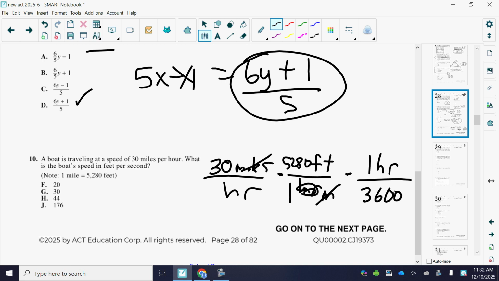So that's a good thing to know. 60 seconds in a minute, 60 minutes in an hour. So 3,600 seconds are in 1 hour, and that's going to give me the answer. It's going to be 30 times 5,280 divided by 3,600. It goes perfectly. It's 44.